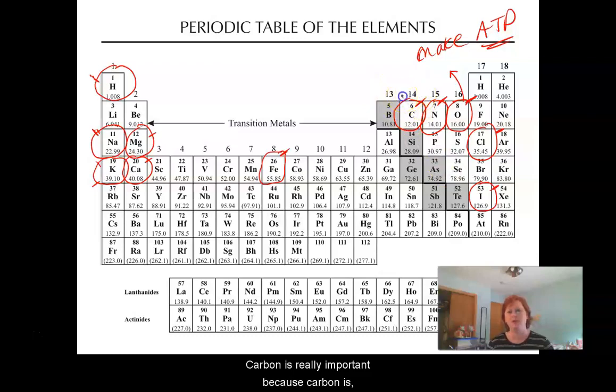Carbon is really important because carbon is, as we're going to see later, sort of the perfect element for building things, because carbon needs to bond with 4 other things. So it's kind of like that perfect Lego piece that you can attach lots of stuff to. So you have lots and lots of those little kind of rectangular blocks in your Lego kit because they're the perfect piece to kind of fit lots of other things around.